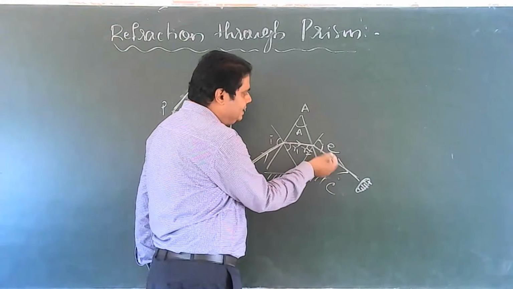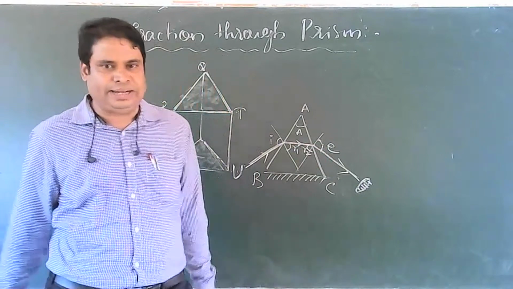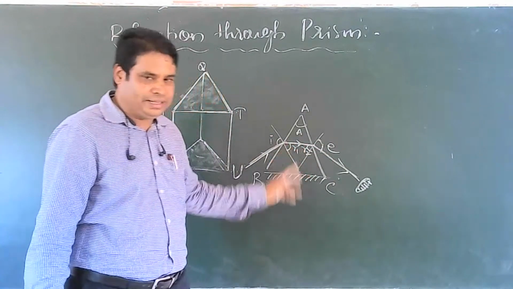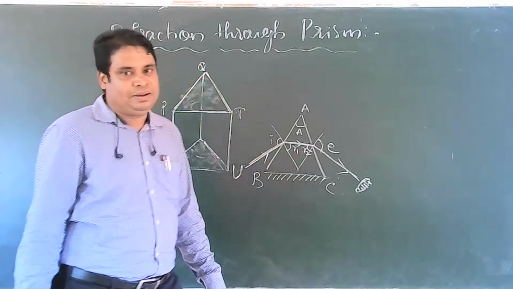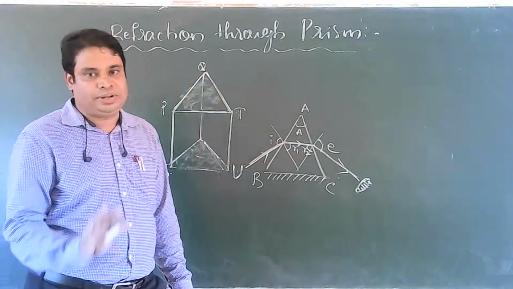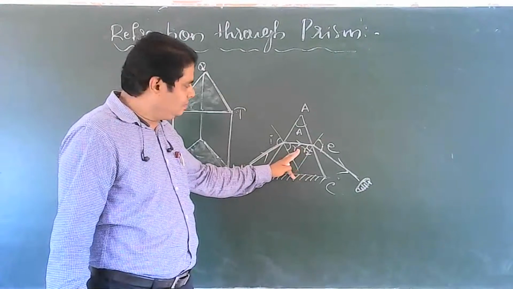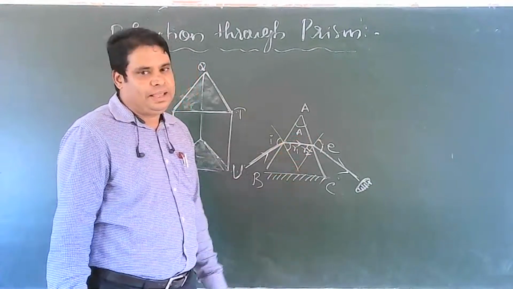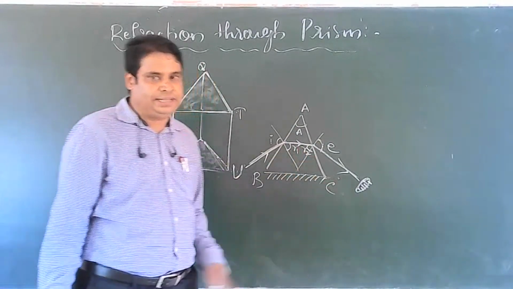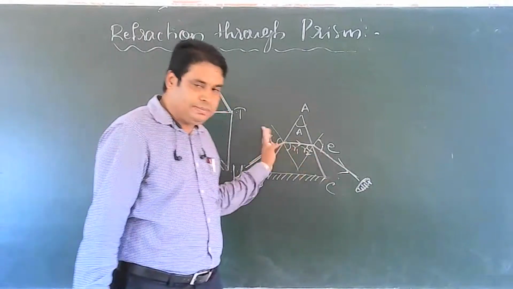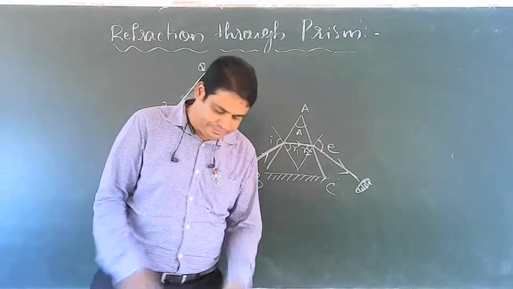If it is the backward direction, then this is the angle of incidence and this will be the angle of refraction. There is no hard and fast rule here, especially in the case of a prism, we can take the angle of incidence as r2. Don't confuse. Most of you have some confusion while taking the angle of incidence at the second surface. Let r2 represent the angle of incidence at the second surface. By the principle of reversibility, you can take r2. No problem. Okay? Fine.